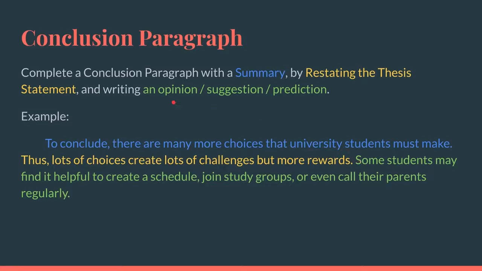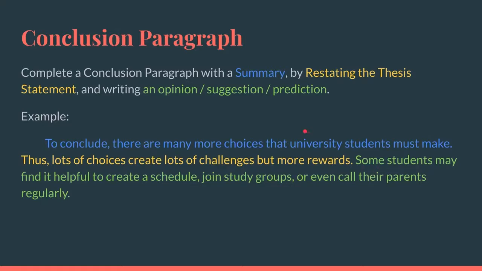And the last part is just giving an opinion, suggestion, or prediction. So this is just what you think, right? You've already essentially told people what the problems are, or what the causes and effects are, or why something is wrong, and you've made your point.